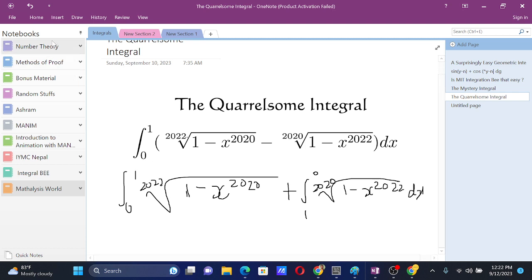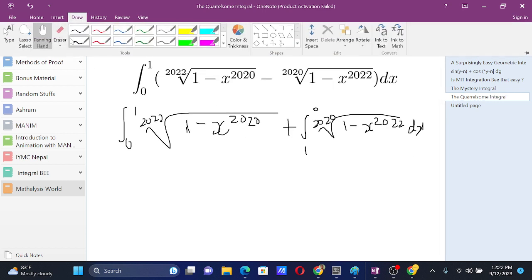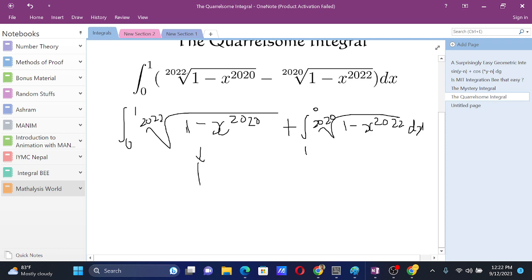Now notice that if this one is f of x, our f of 0 will be the 2022nd root of 1 minus 0, that's just 1, and our f of 1 will be the 2022nd root of 1 minus 1, that is 0. So these are just f of 0 and f of 1, you can see that.